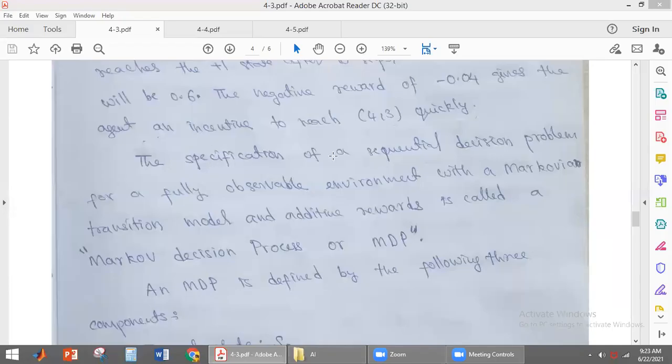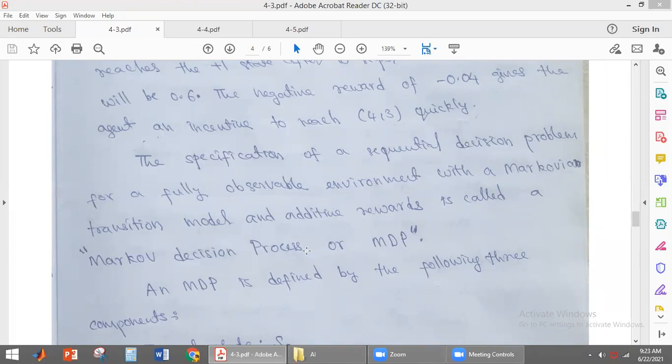We'll see what are the specifications of a sequential decision problem for a fully observable environment. The specification of a sequential decision problem for a fully observable environment with Markov transition and additive rewards is called a Markov decision process. So what is a Markov decision process?